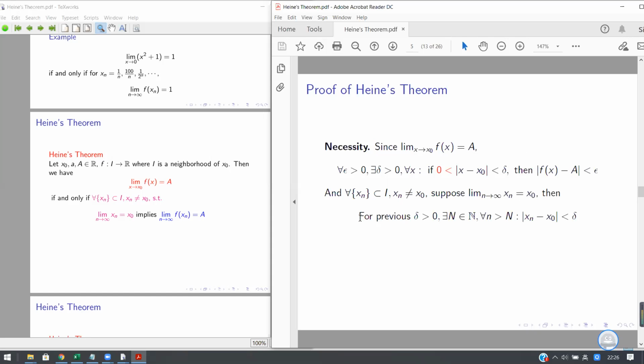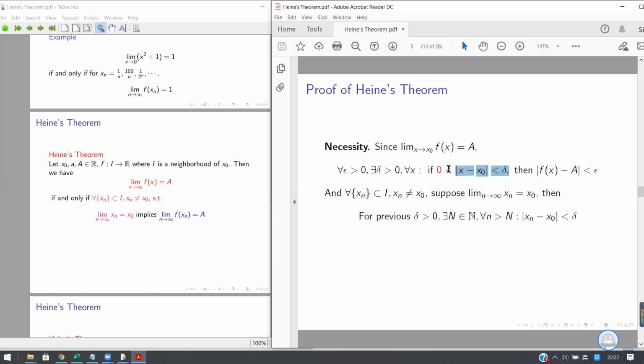So we write as for previous delta, which is positive, there's also a large number n, and this holds, right? And this epsilon is replaced with delta. Now let's say xn is not x0. This is because of the condition, right? And also the absolute value of xn minus x0 is less than delta.